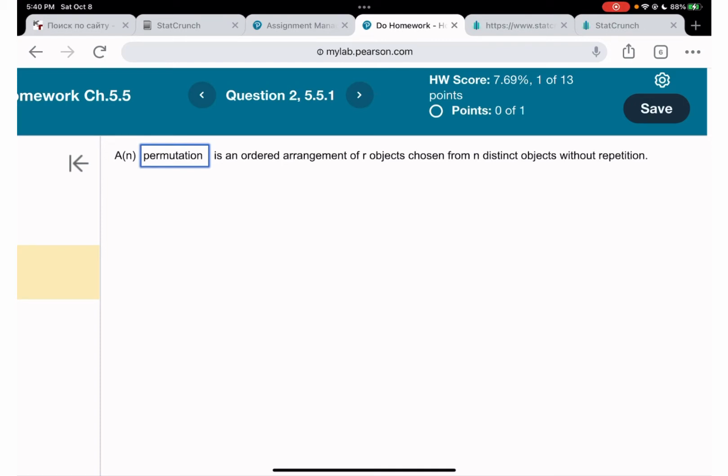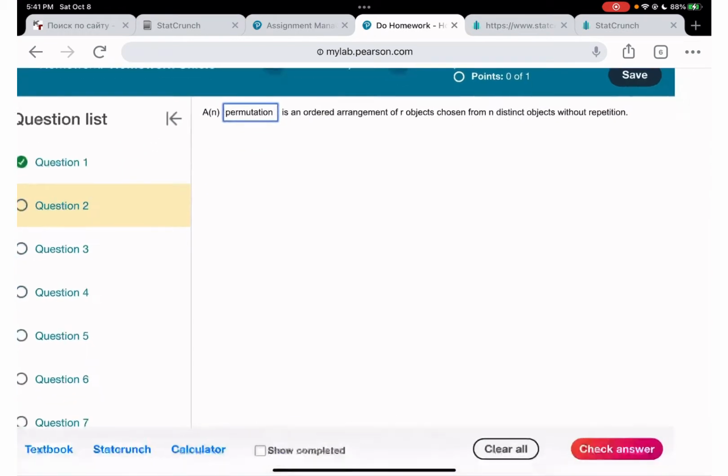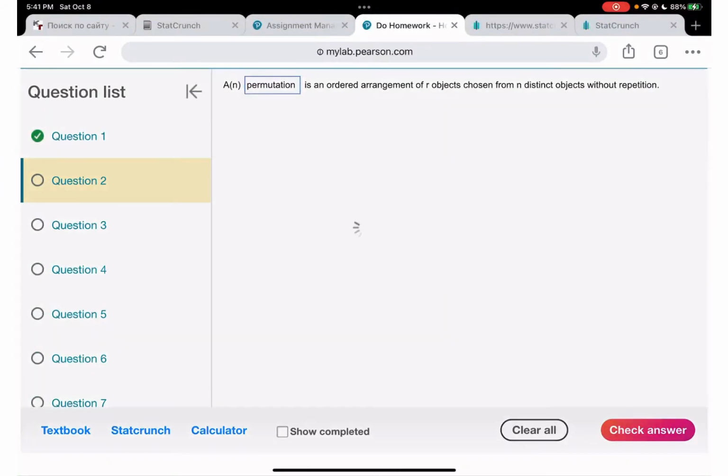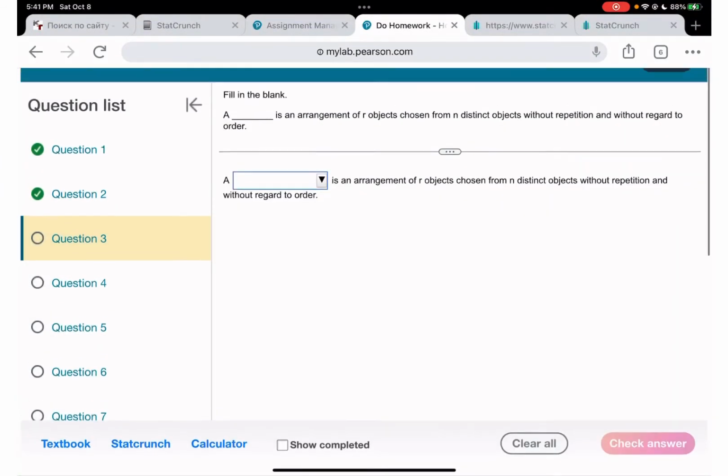In that case, we are going to use combination. So practically we apply permutation or combination when we have a total of n elements and we need to choose r elements out of this n. When order is important, we use permutation. When order is not important, we use combination. Okay, checking. Good choice.